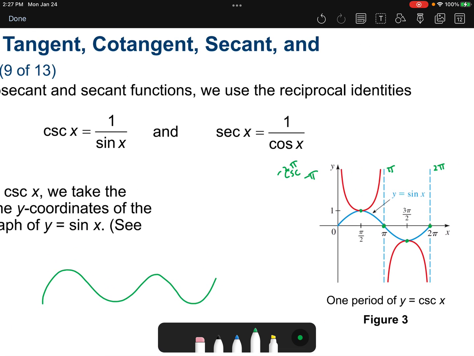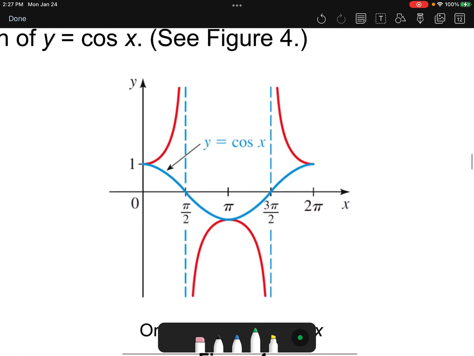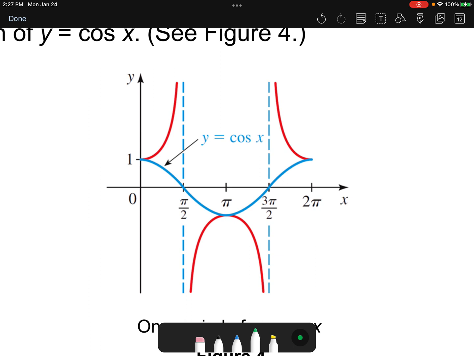And that's secant. Well, let's do secant. And you can bet that secant's going to look the same way. So change your sine to cosine, and change your 1 over sine to 1 over cosine, and hit zoom 7, and you're going to see the secant graph. Now notice that cosine is 0 at pi over 2 and 3 pi over 2. So that means the secant is undefined at every odd multiple of pi over 2.